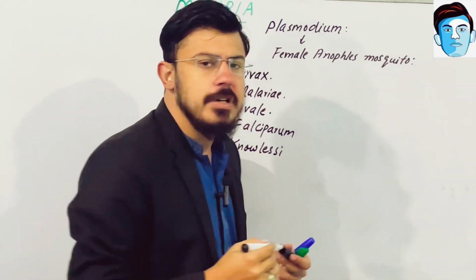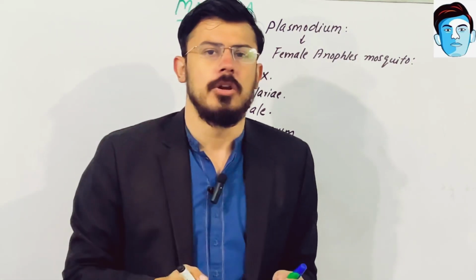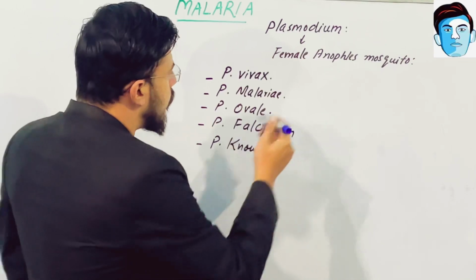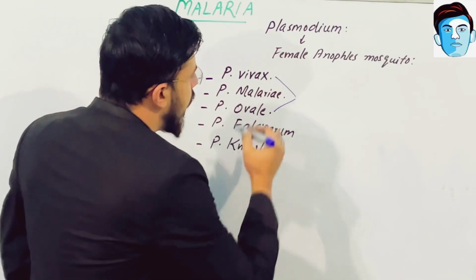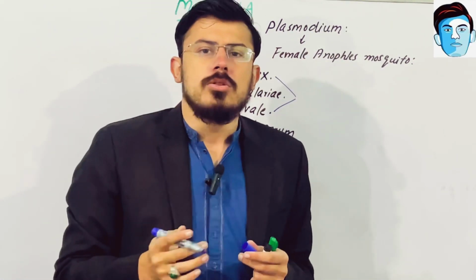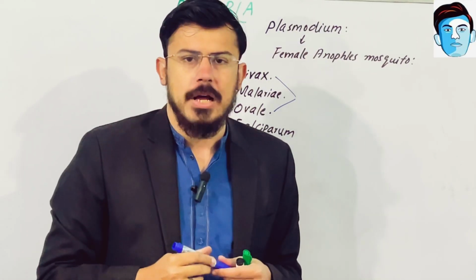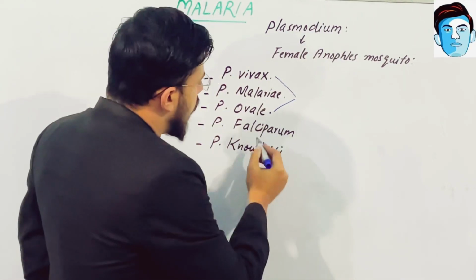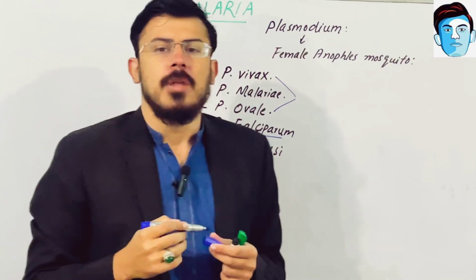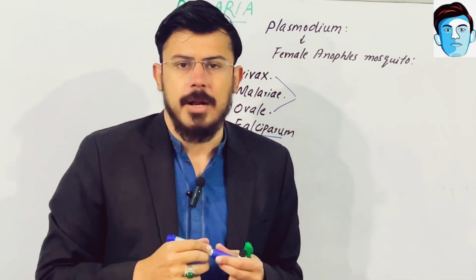While Plasmodium vivax and Plasmodium ovale are considered the most common species, Plasmodium falciparum is considered the most dangerous species for the Plasmodium.